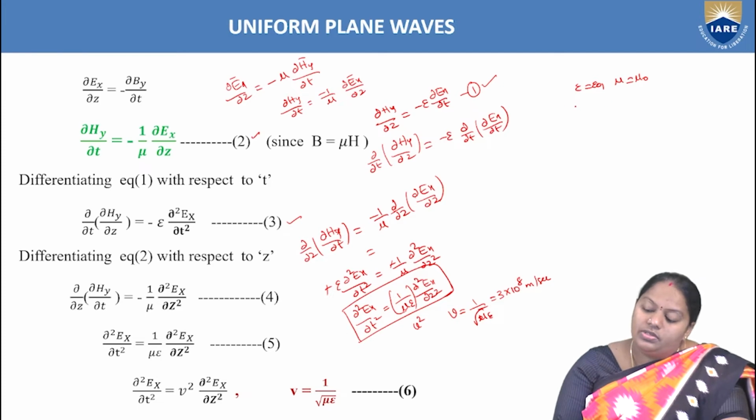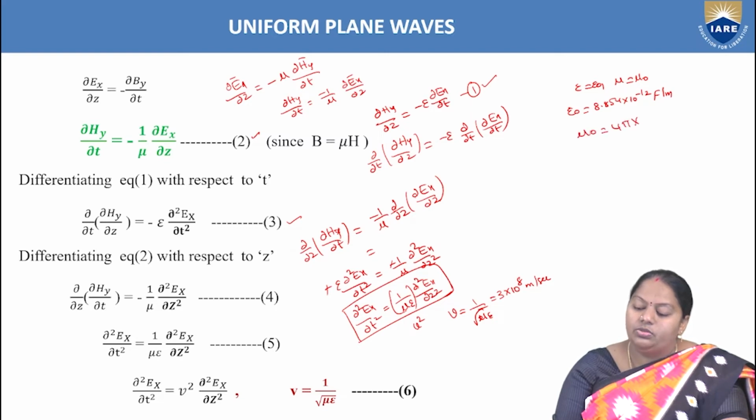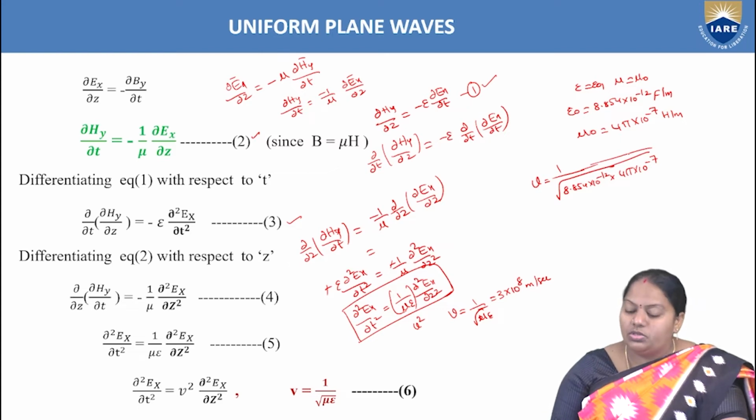If you substitute epsilon naught as 8.854 into 10 power minus 12 farad per meter and mu naught as 4 pi into 10 power minus 7 Henry per meter into 1 by root of mu epsilon, and multiply these two, we get approximately 2.99 into 10 power 8 meters per second, or approximately 3 into 10 power 8 meters per second.